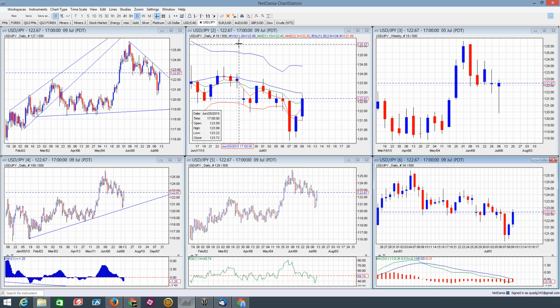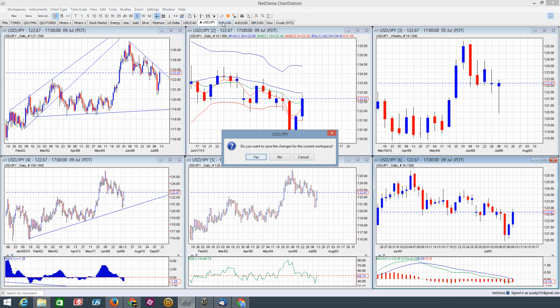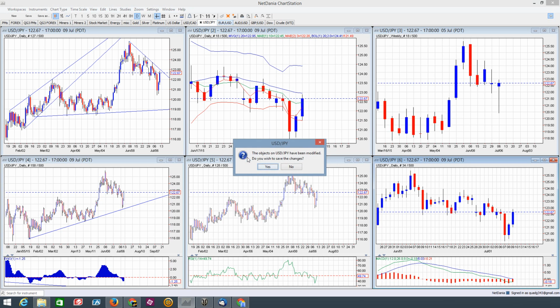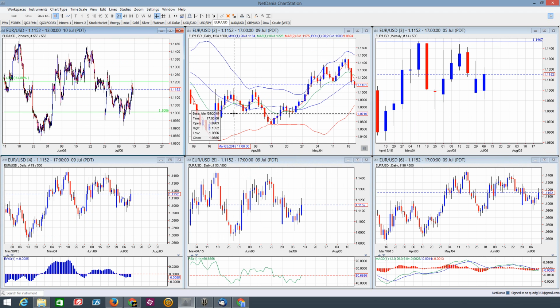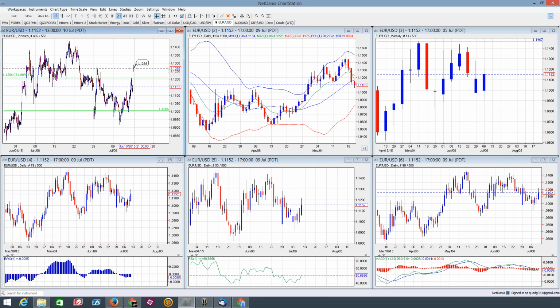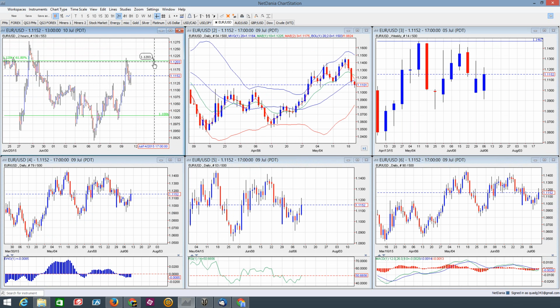All right, we'll take a quick look at the euro since it's closely related to USD. All right, so we've got this bounce up recently, a sloppy move to the downside and a recent bounce to the upside, but it's only 3 legs so far. It certainly could extend to the upside.